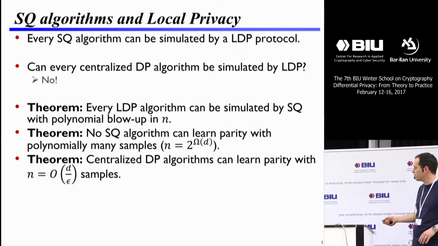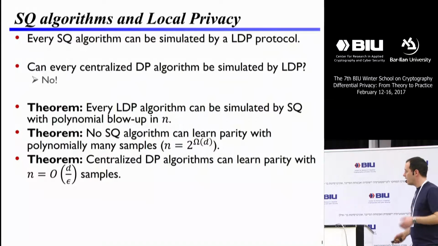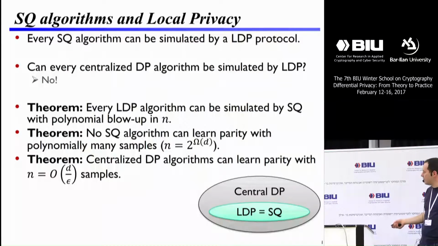All I want is the thing that you can get without knowing what learning parity means: we can still interpret these three results in the following way. The first theorem basically says that as long as we're not asking what can be done with a very specific value of n, but what problems can be solved with polynomial amounts of data, then problems solved locally differentially privately and problems solved by SQ algorithms are the same thing.